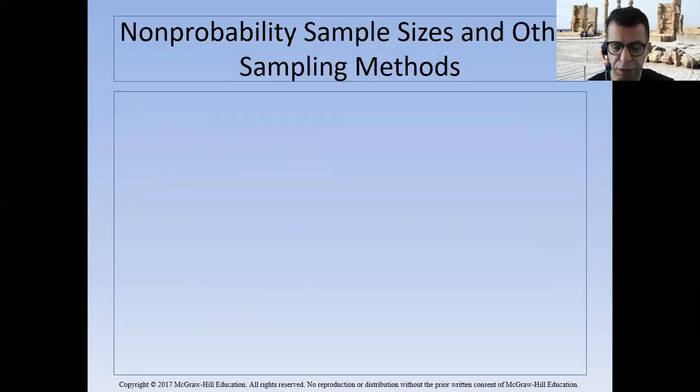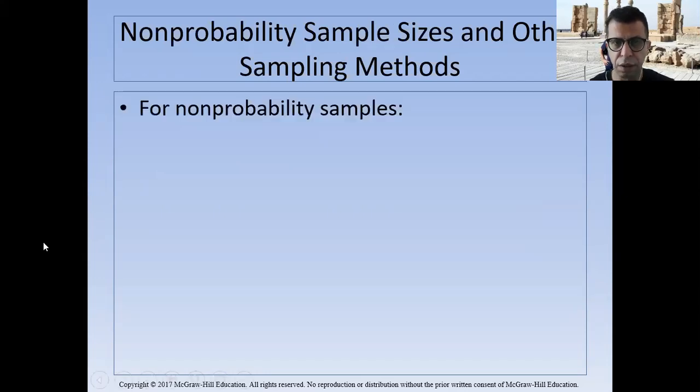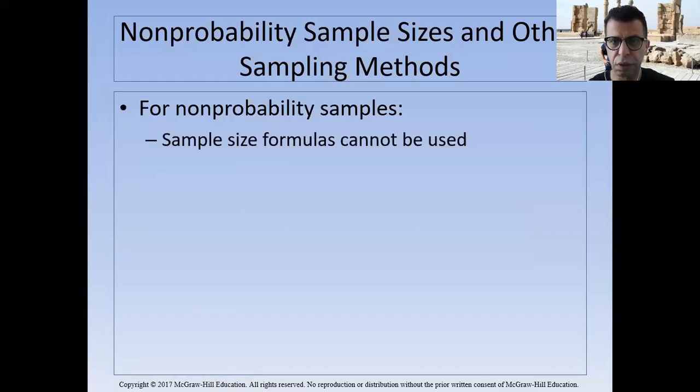The sampling methods that we usually use are non-probability sample size and other sample methods. For non-probability samples, the sample size formulas cannot be used.